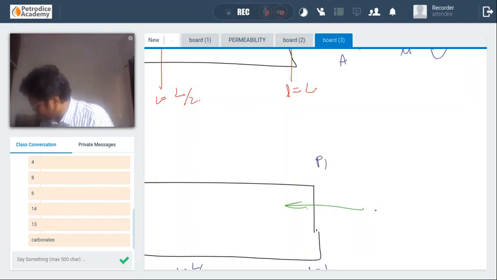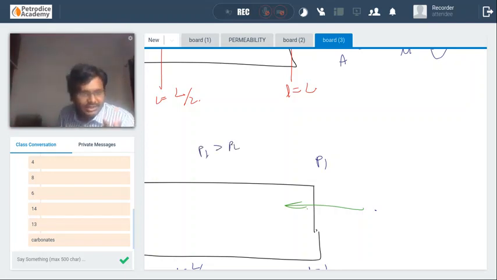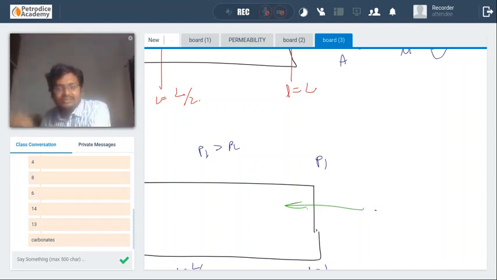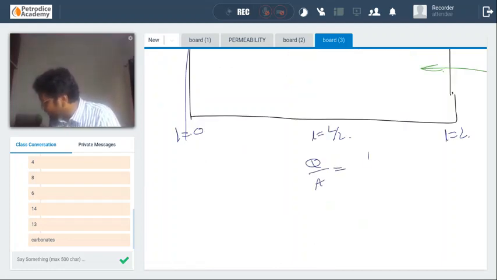This is P2 and this is P1. Because it is flowing from right to left, P1 is greater than P2. From the reference point, as the length increases, the pressure also increases. So in this scenario, we don't have to use the negative sign.